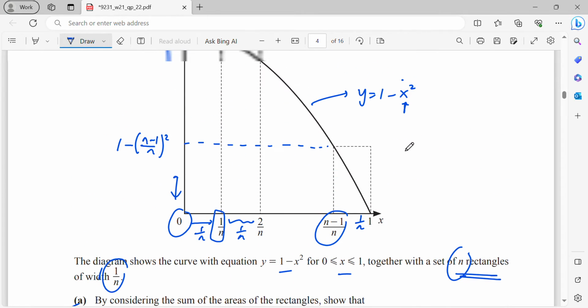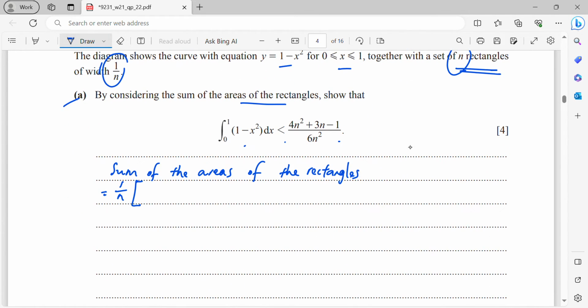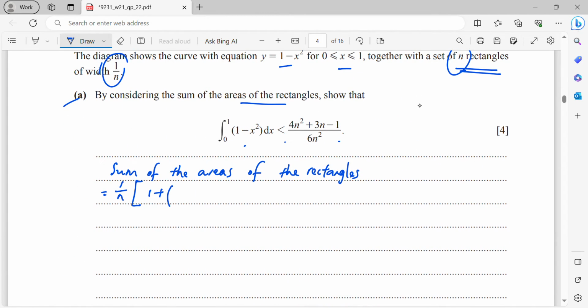Then now I just need to consider the heights for all the rectangles. So the height for the first rectangle is 1. And then for the second rectangle, the height is 1 minus the square of 1 over n. I will just write it like this.